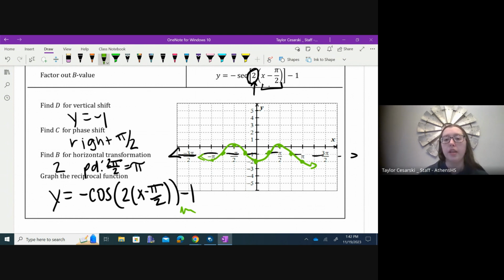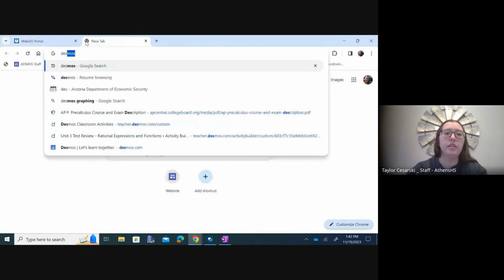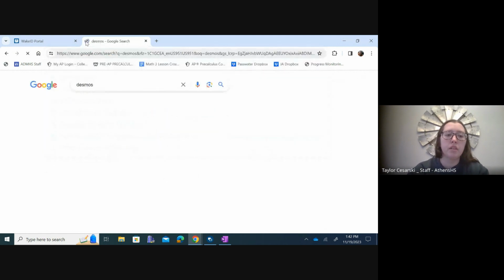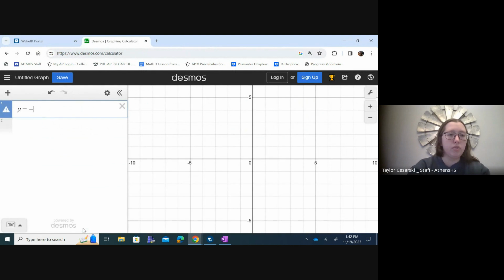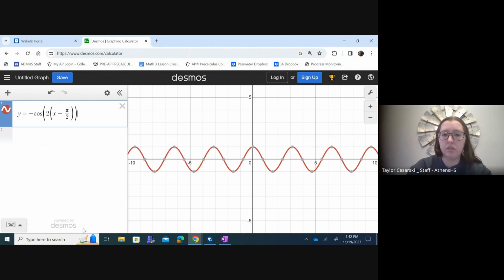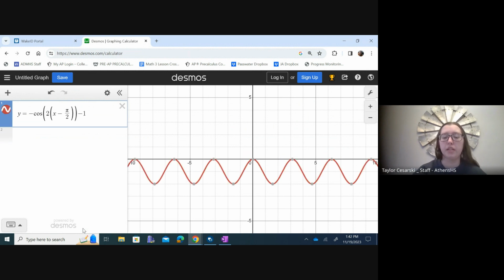All right, so then we can draw in where it equals 0 and where the asymptotes are. First, let's go look at this on Desmos, because I think sometimes that's helpful to see what's going on. So if I first graph y equals negative cosine of 2x minus pi over 2 minus 1, oops, not plus 1, minus 1.